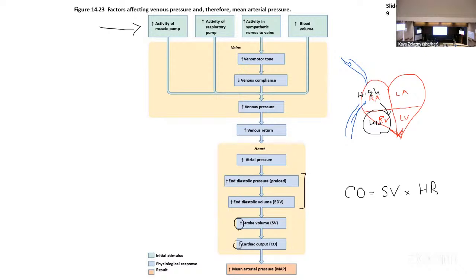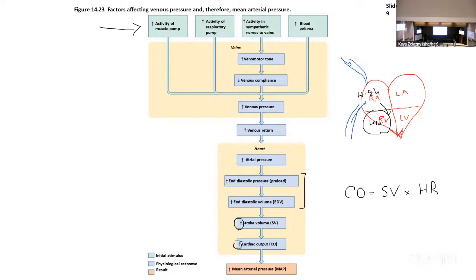We know that the sympathetic nervous system also increased heart rate when we talked about the heart. It had innervation to the ventricles themselves, so it increased contraction and stroke volume all on its own. Now we're just adding on that it's also touching your veins.